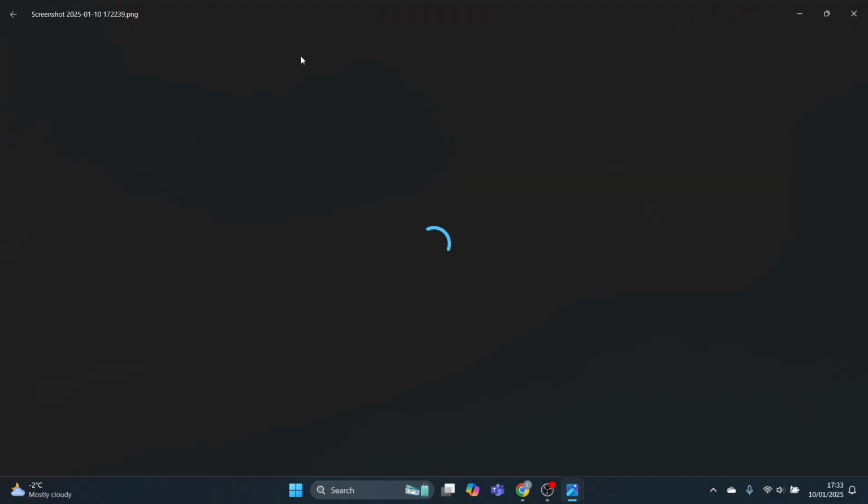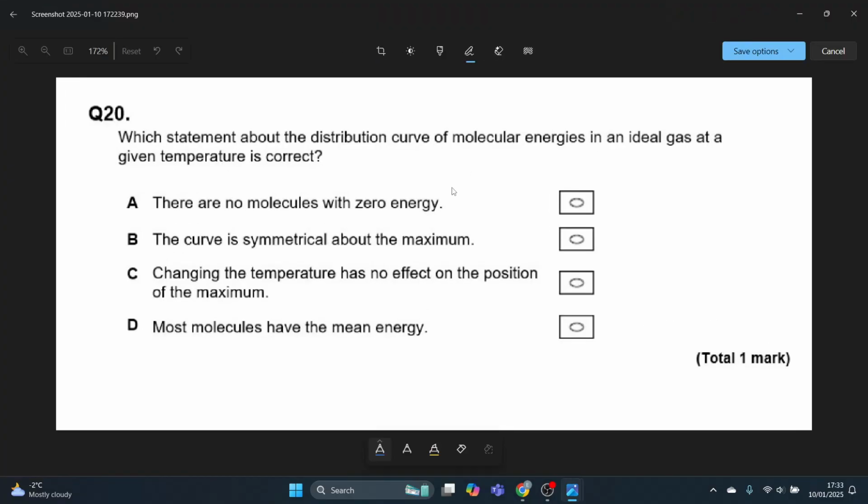Question 20. Which statement about distribution curve of molecular energies in an ideal gas at a given temperature is correct? There are no molecules with zero energy. Yes, perfect. Curve is symmetrical about the maximum. No, it's not symmetrical. Change of temperature has no effect on the position of the maximum.